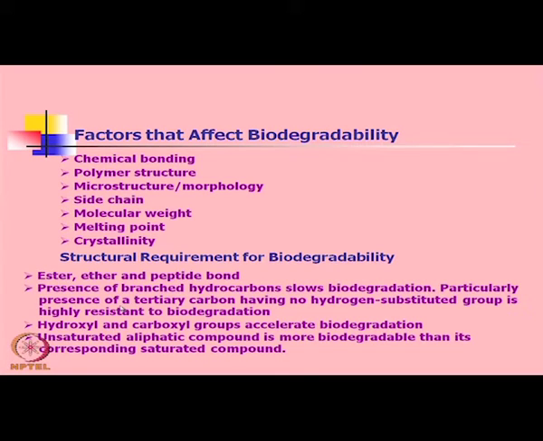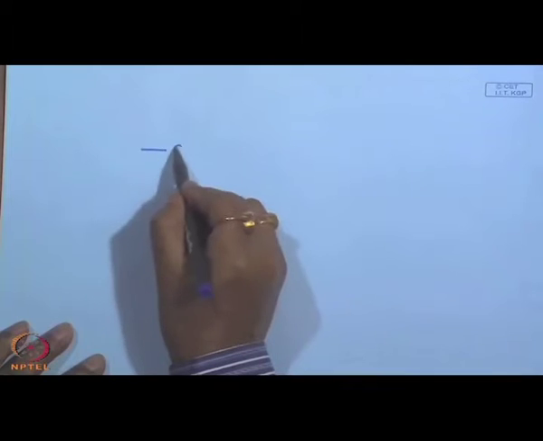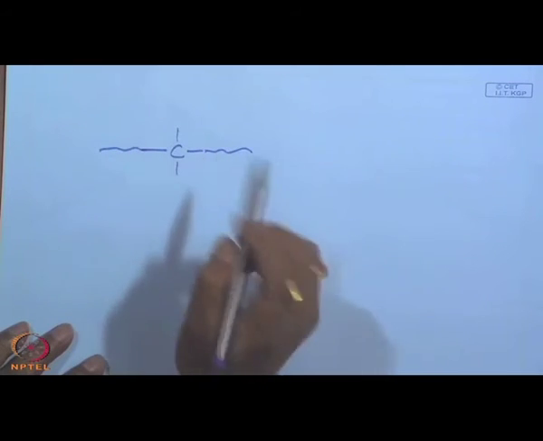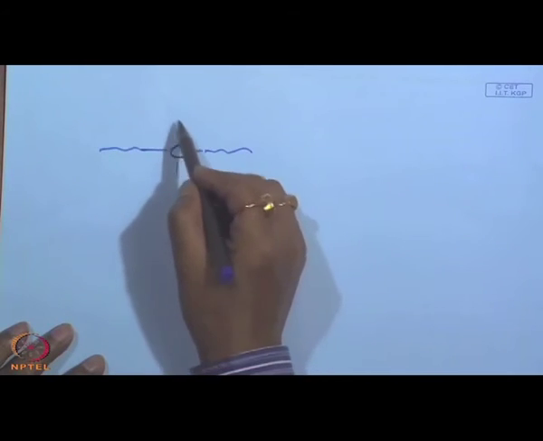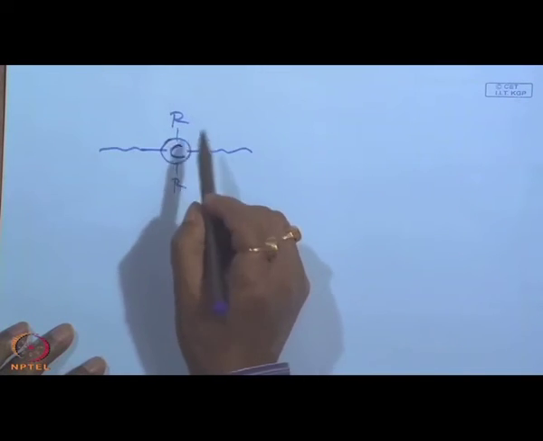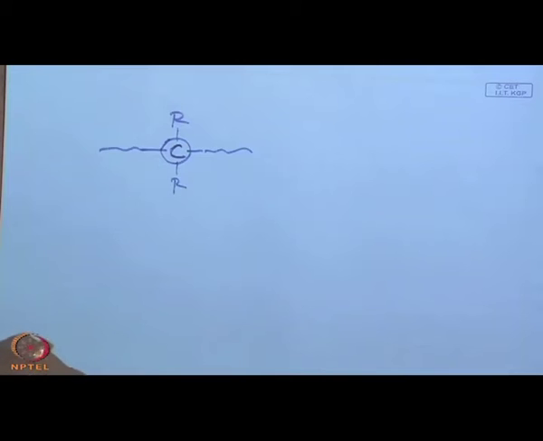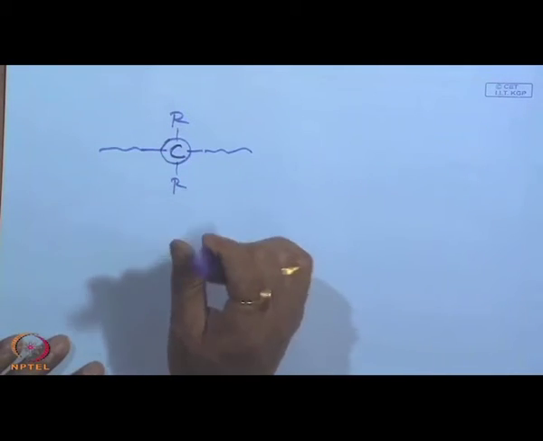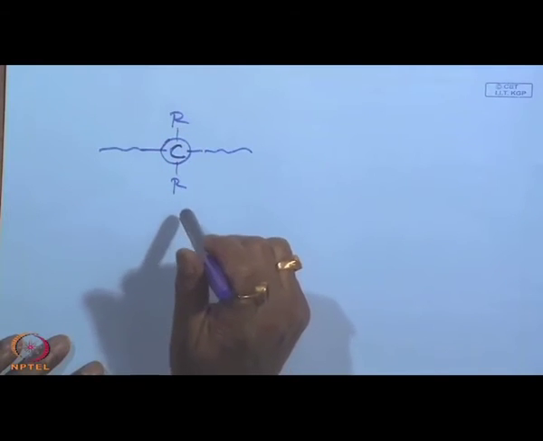Particularly, the presence of a tertiary carbon atom. Tertiary carbon atom means this carbon in the polymer chain, this is the carbon atom. Now, this can be attached to groups like this. So, this carbon is called tertiary carbon. Now, if the polymer contains a tertiary carbon having no hydrogen, substituted groups, it is highly resistant to biodegradation.